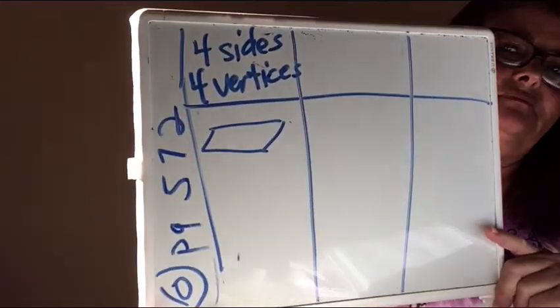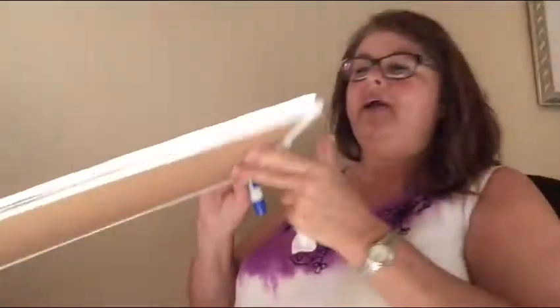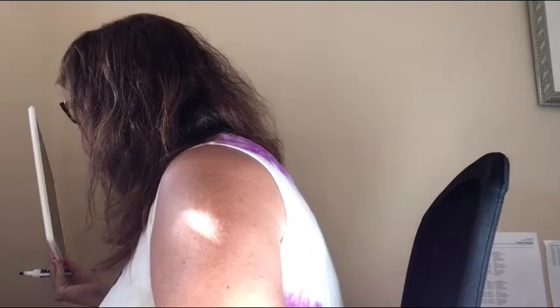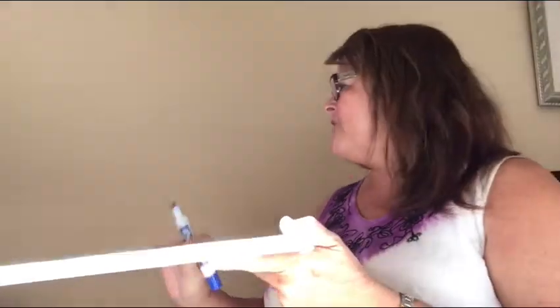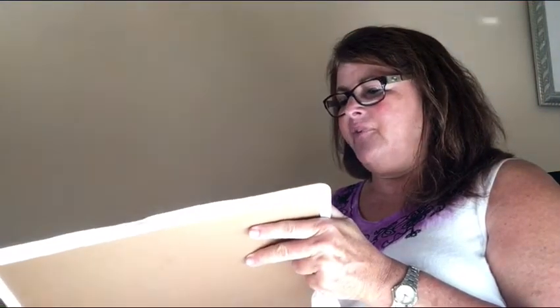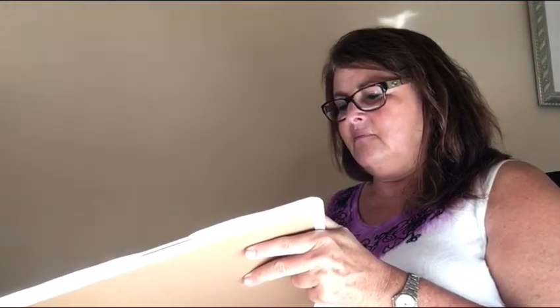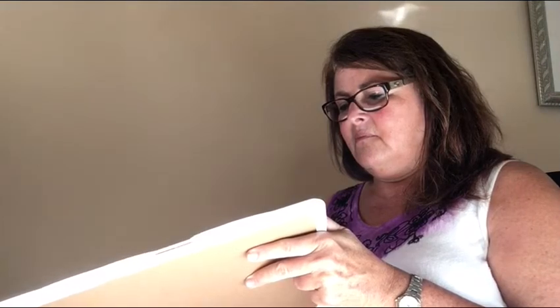We have four sides, 1, 2, 3, 4. Four sides. We also have four vertices. The vertices are the corners.